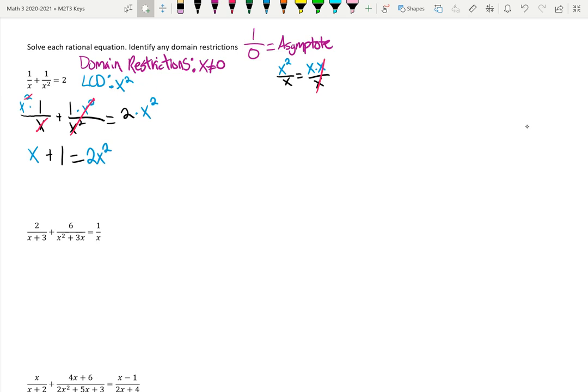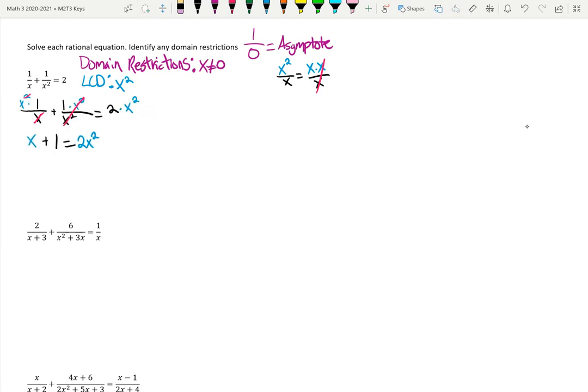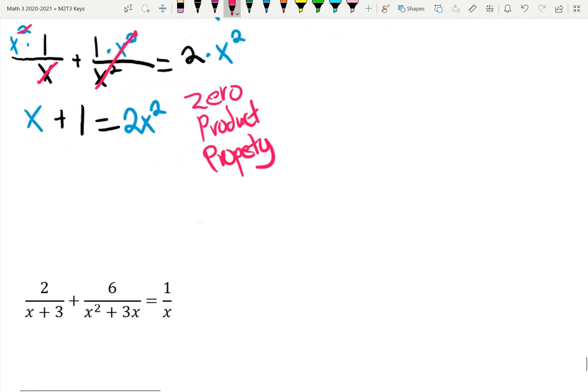Now, it is an equation that is a quadratic, and this is what we were doing in the previous units. We have to use the zero product property in order to solve this equation. The zero product property. So let's get it equal to 0.